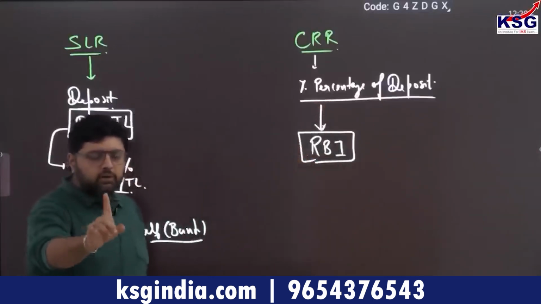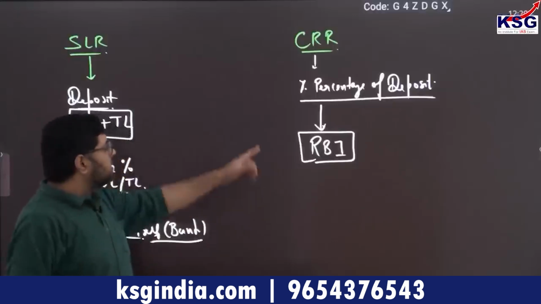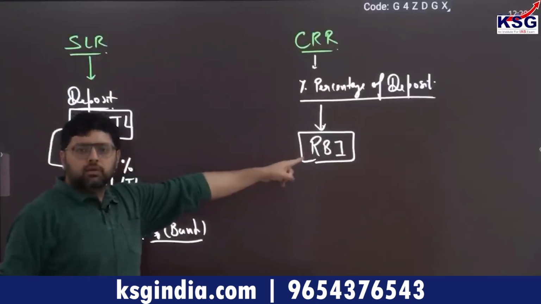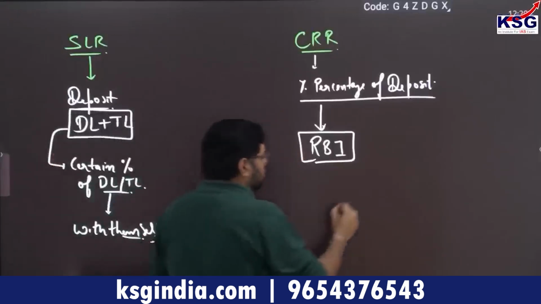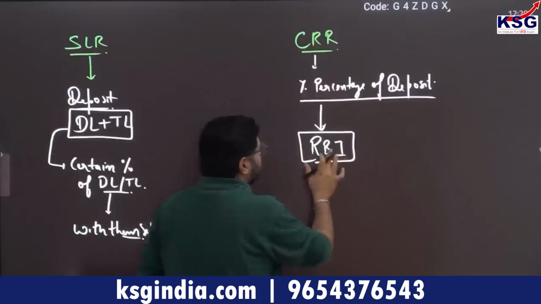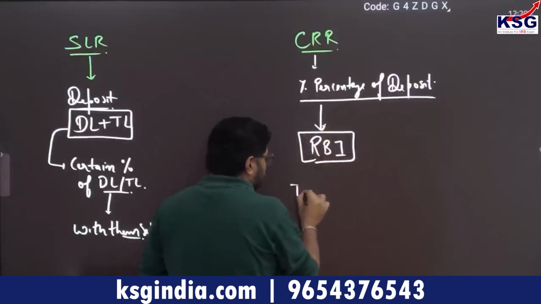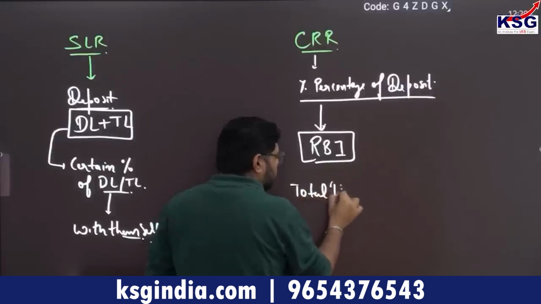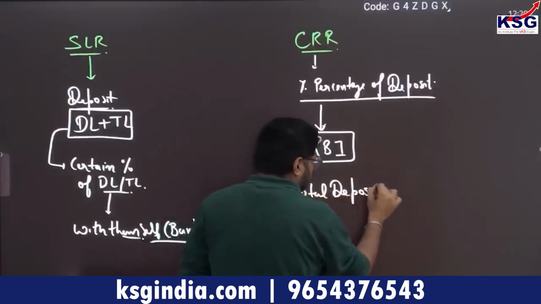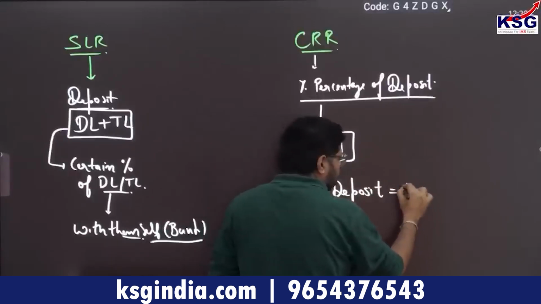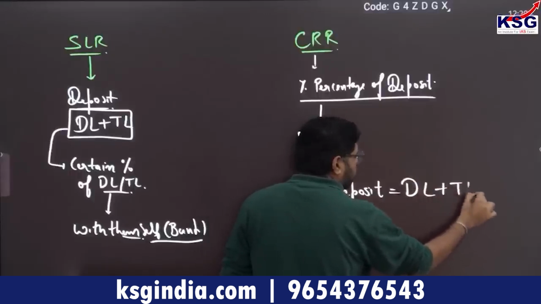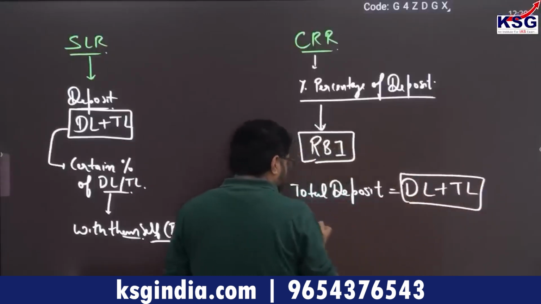But in some books it is written as a percentage of total deposit. What is total deposit? Total deposit is nothing but demand liability plus time liability. Now what is net deposit?